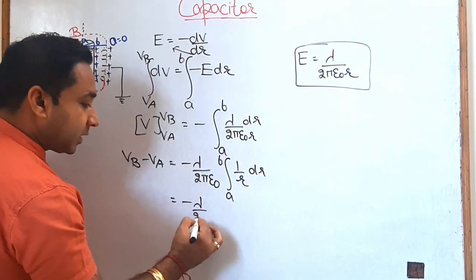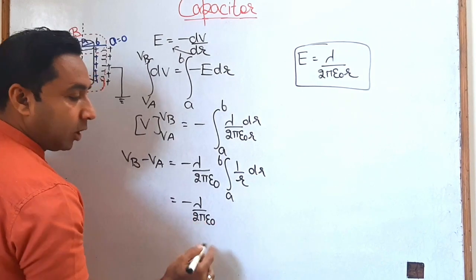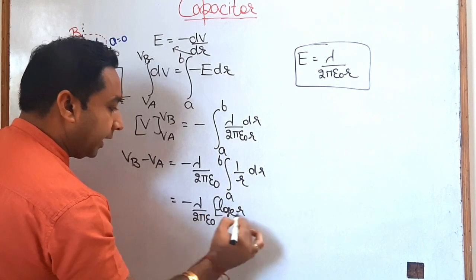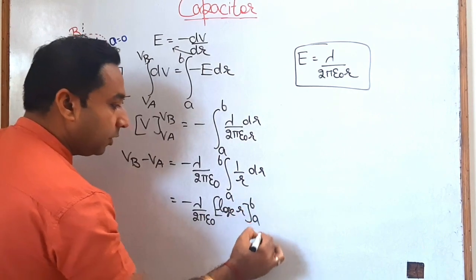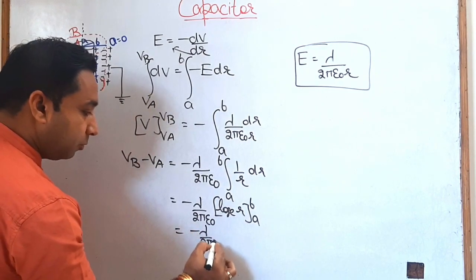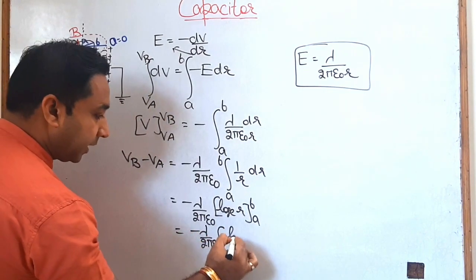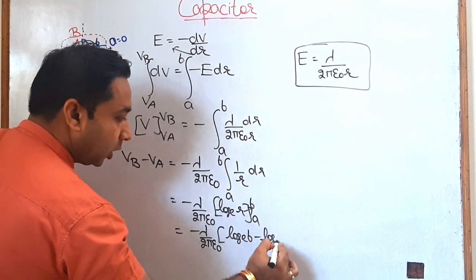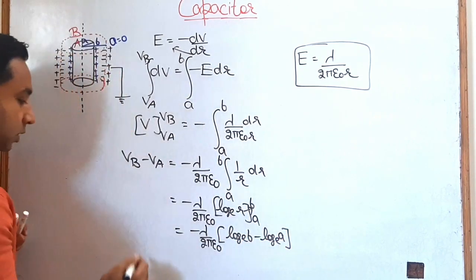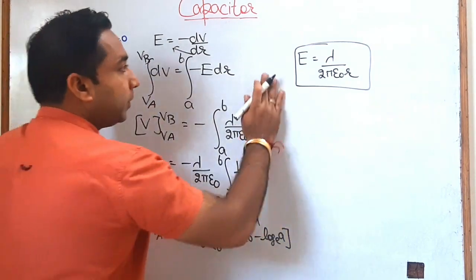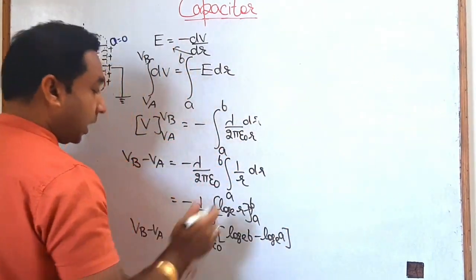Is it minus lambda upon 2 pi epsilon naught, 1 upon r की इंटीग्रेशन log r, the limits is from A to B. So can I write it is minus lambda upon 2 pi epsilon naught, the term become log e upper limit minus lower limit. अब सबको सॉल्व करना आता है, log A minus log B या log B minus log A. How to solve this one?